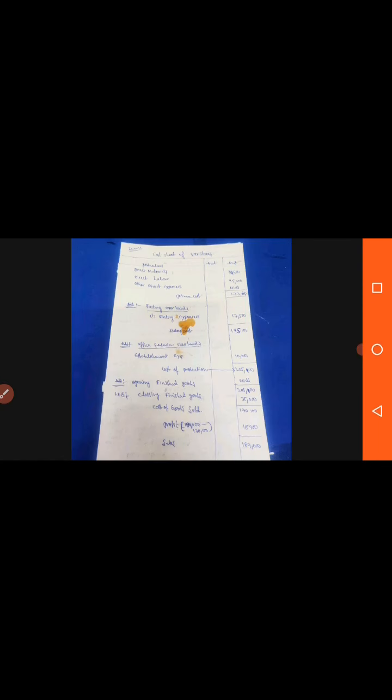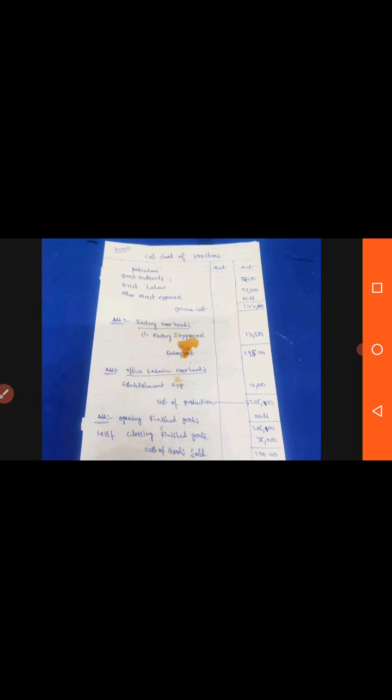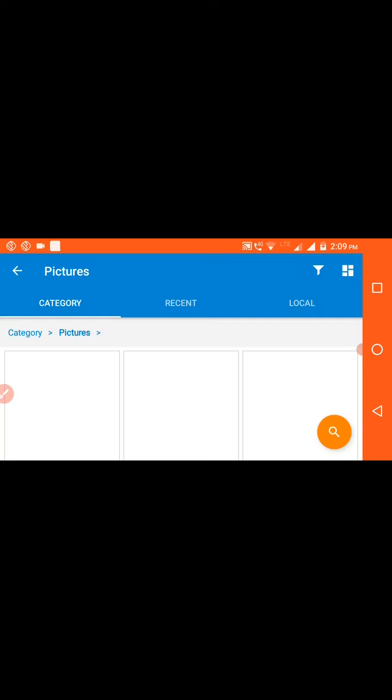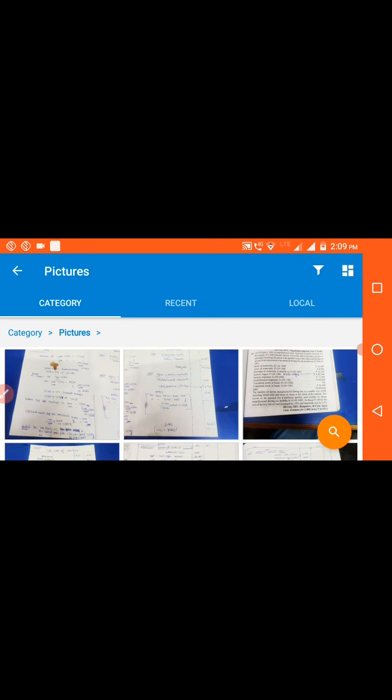Cost sheet for preparation of 4,000 stoves. Direct materials 82,600. How do we get 82,600? What is the principle for calculation of direct material? Direct materials equals opening stock of materials plus purchases of materials minus closing stock of material.